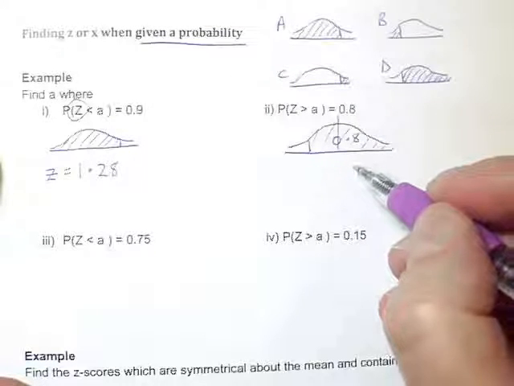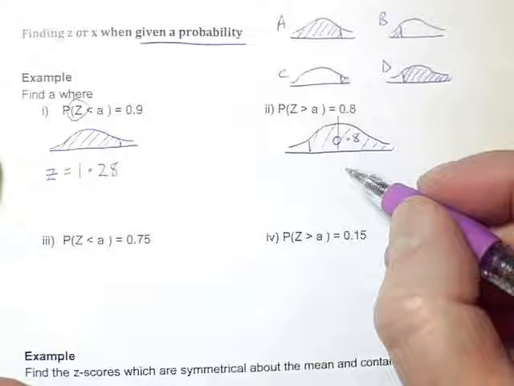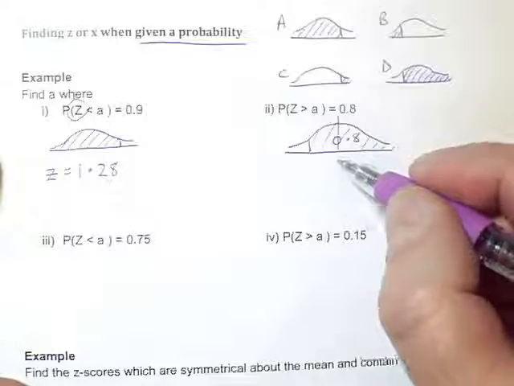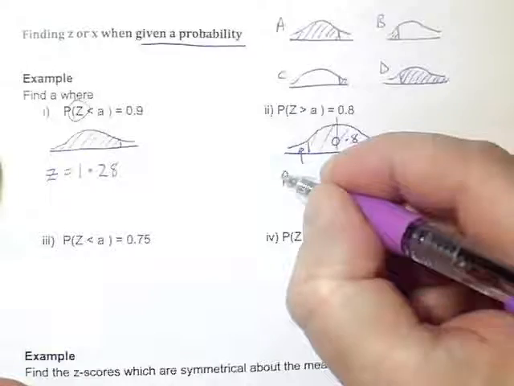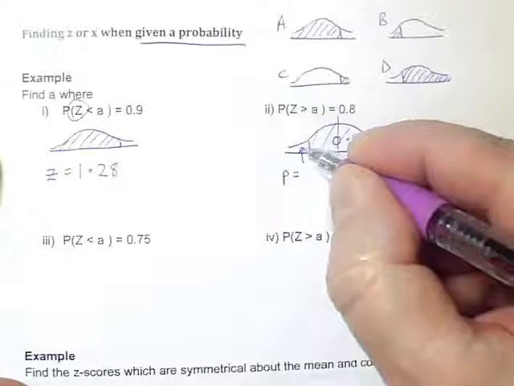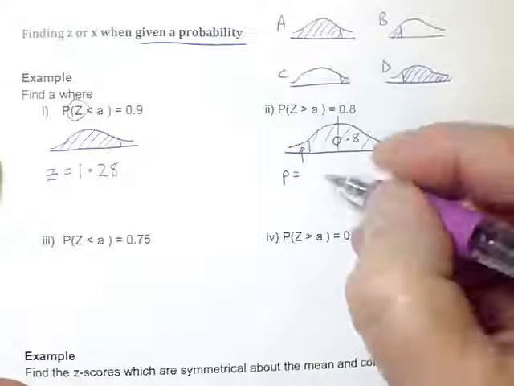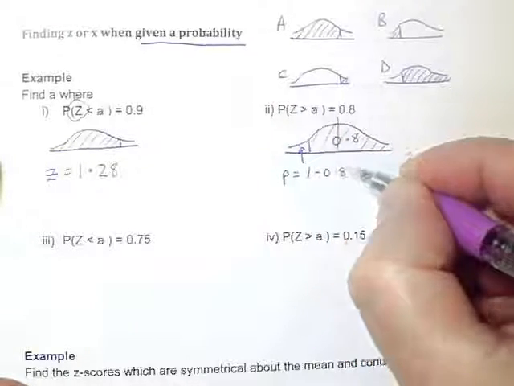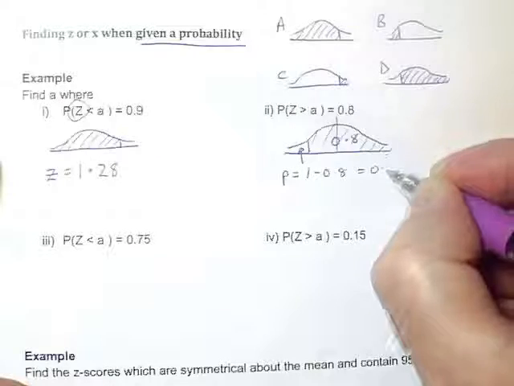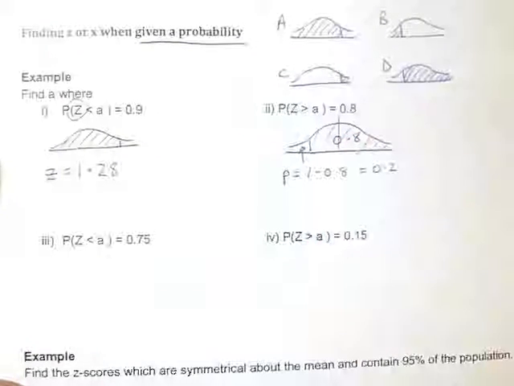However, this is not the configuration that the normal distribution function on the calculator uses. It always works with the probability on the left. So I need my p-value to be this one here. Now the total probability is 1, so I need to do subtraction from 1. P is 1 minus 0.8 equals 0.2. That's the left-hand probability that my calculator knows how to deal with.